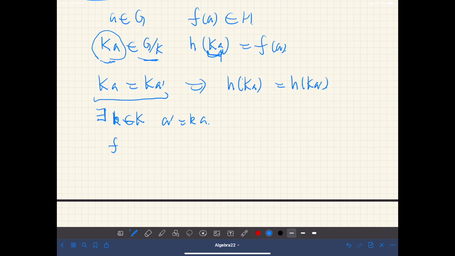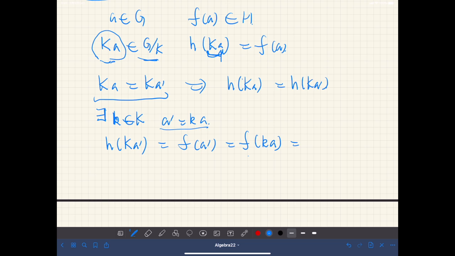So H of Ka prime is f of a prime, but that is f of ka, because of this.